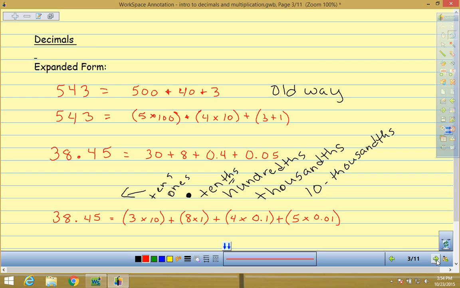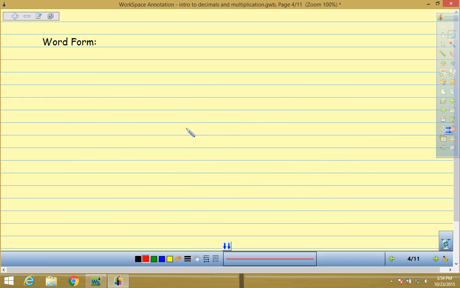Okay, let's move on to the next concept, which is word form. If you're given a decimal in number format, in standard form, and you were told to write it in word form, this is what you would be expected to do.